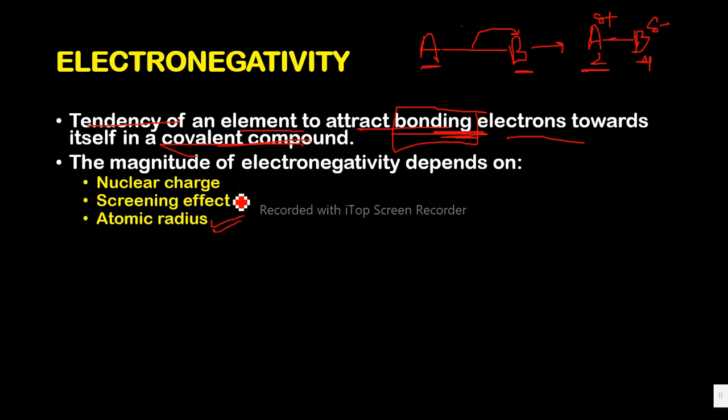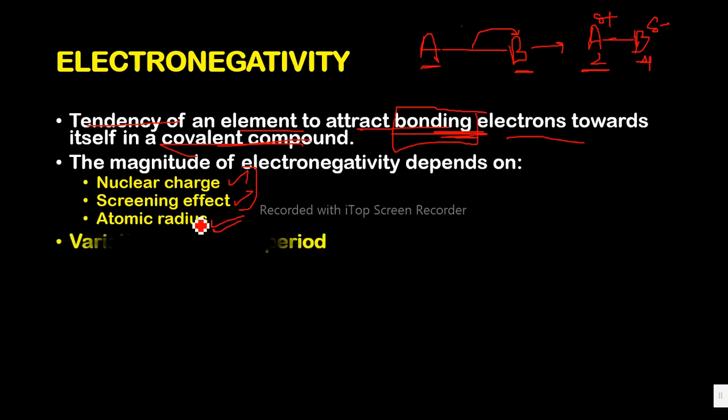And you need to know the factors which affect the electronegativity, and the factors include the atomic radius, screening effect, and nuclear charge. Actually, if you observe all these, they do affect the atomic radius, the size of the atom, and since they affect the size of the atom, they will also contribute to the electronegativity.